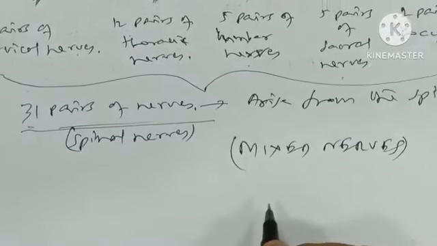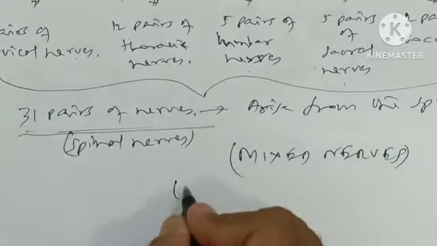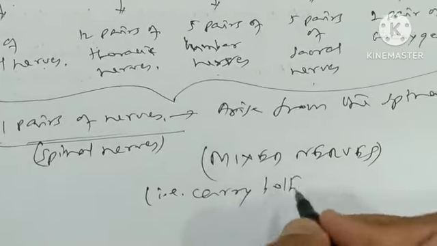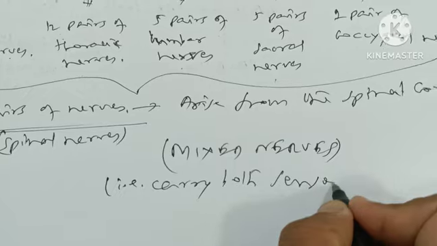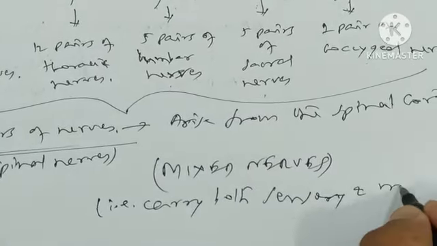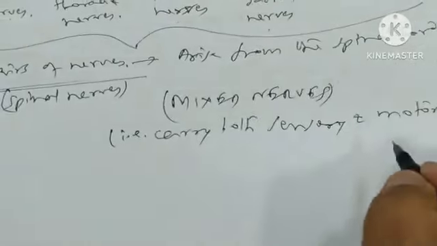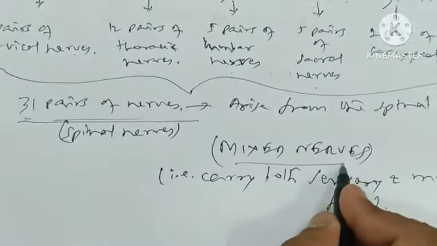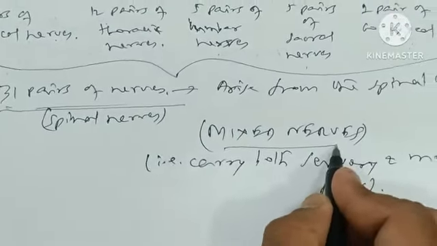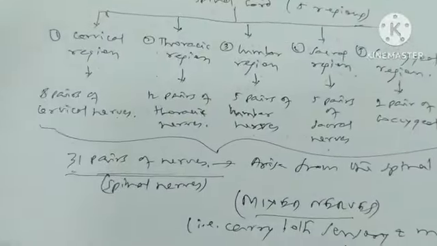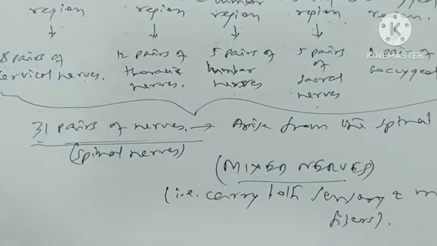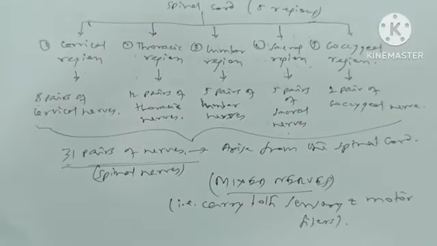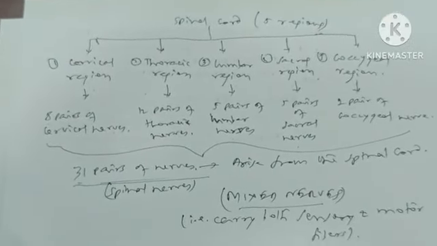It means they carry both sensory and motor fibers, and that is why they are considered mixed nerves. So I think we have already understood how the spinal cord is formed from the neural tube, and we have already discussed a bit of detail about the spinal cord.